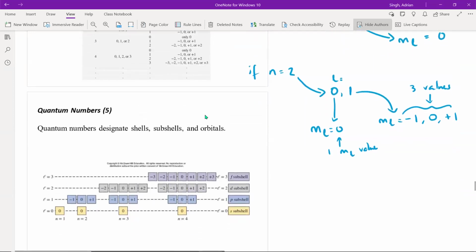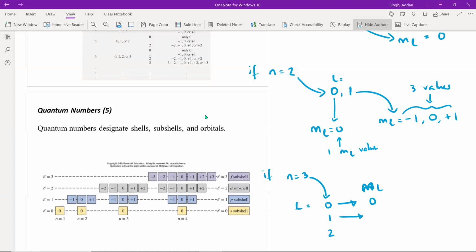And we can do that for the other quantum numbers as well. So let's just do the last one here. If n equals 3, my l values could be 0, and it goes from 0 to n minus 1, right? So n minus 1 would be 2. So we go through 0, 1, and then 2. And then for my m sub l values, for l equals 0, just like above, m sub l will only be 0.